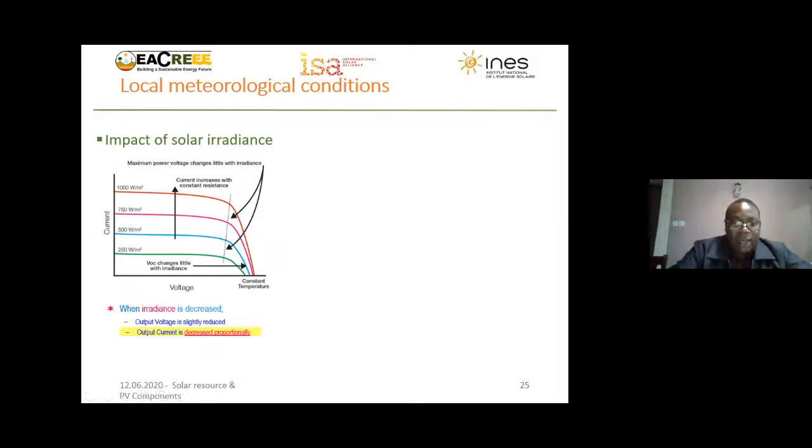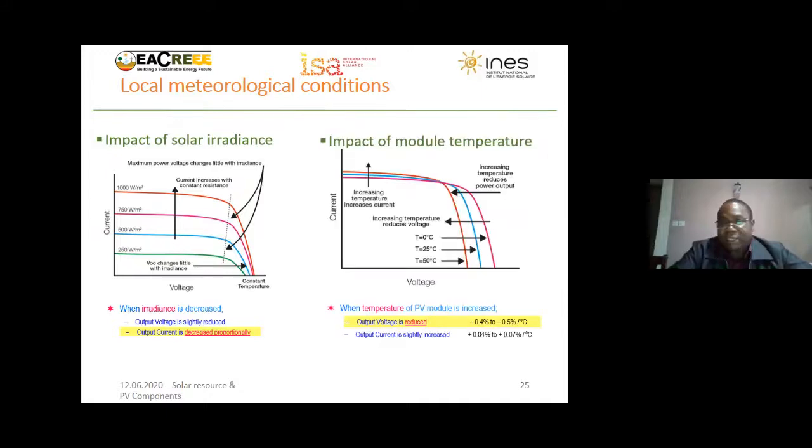Then the other aspect, as I mentioned, is temperature. Temperature also has an effect on all three: the current, the voltage, and therefore the power. Usually a slight increase in temperature of a solar PV module means there is a slight increase in current.